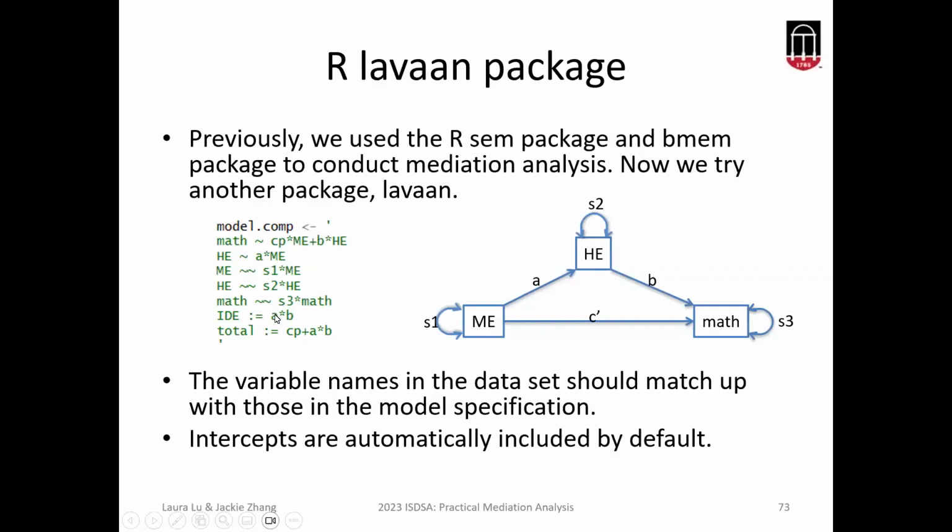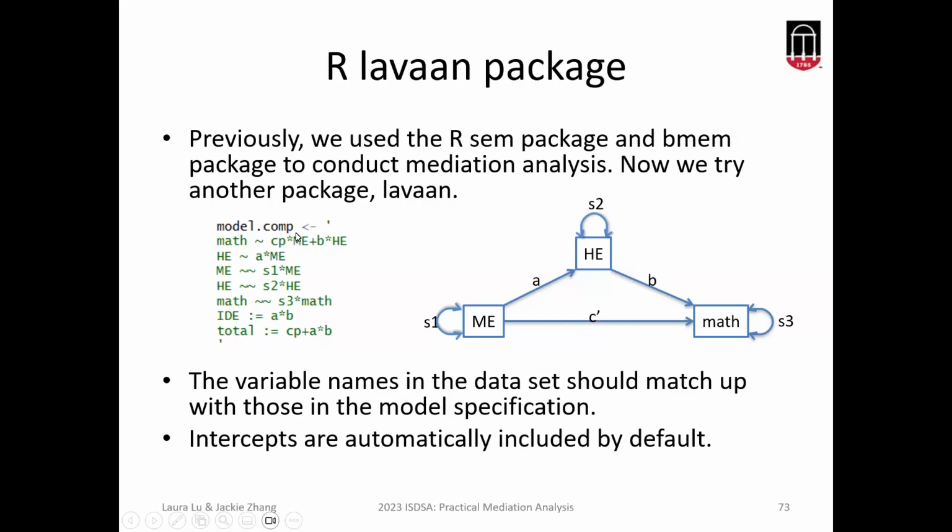A times B is defined as the indirect effect, IDE. And what is the total? Total is defined as this expression: C prime, the direct effect, plus the indirect effect A times B. So these are two additional parameters.